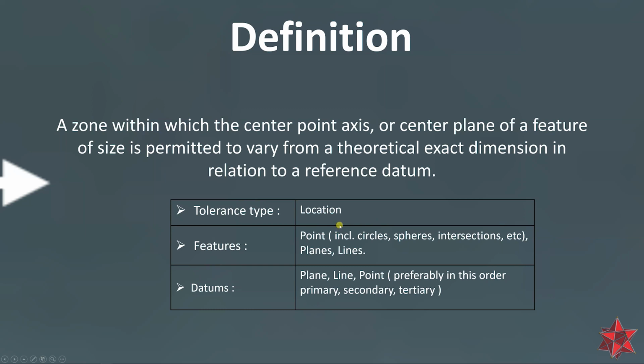So the tolerance type is a location. Features that can be evaluated as a true position are points, including circles, spheres, intersections, planes, or lines. Datums can be plane, line, point, preferably in this order: primary, secondary, and tertiary.